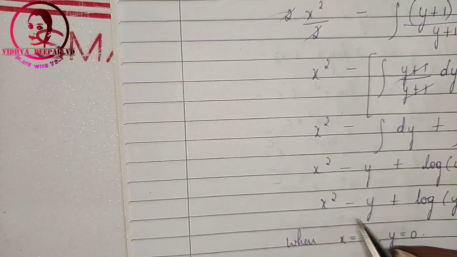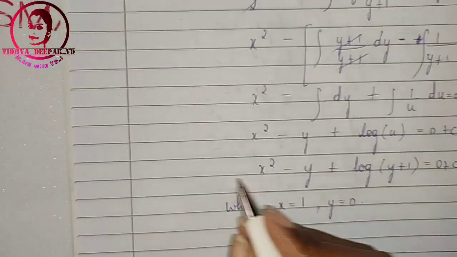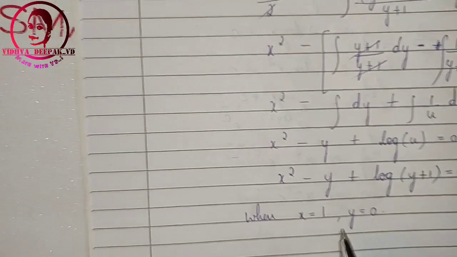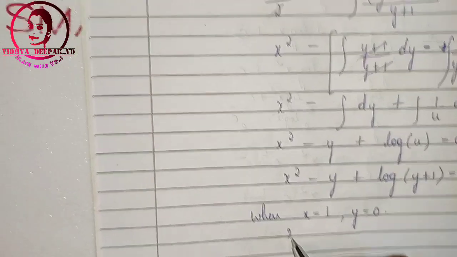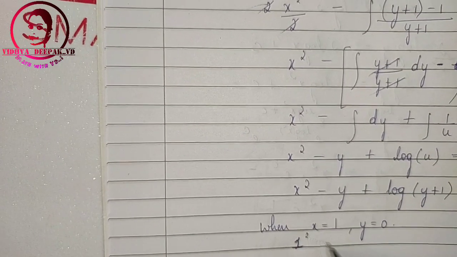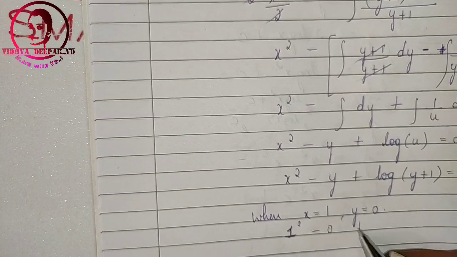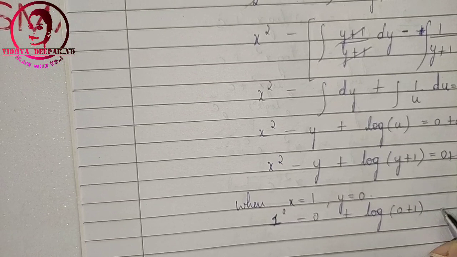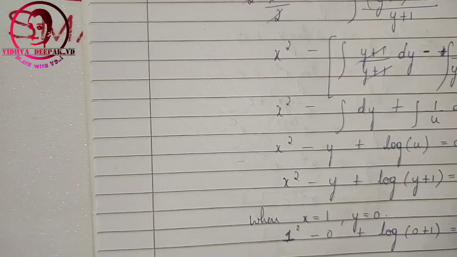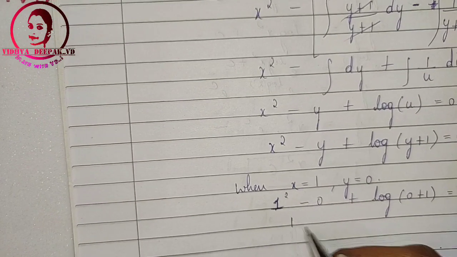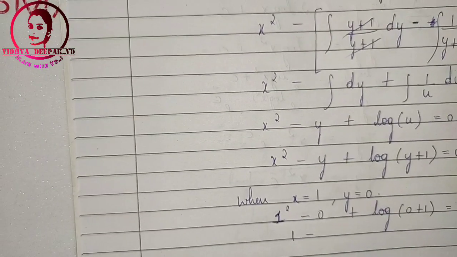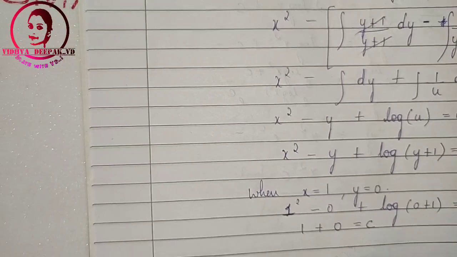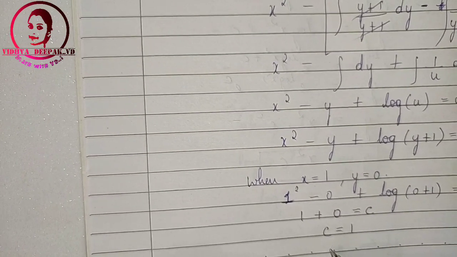The particular solution comes after substituting these values. The x value is 1, so 1 squared minus 0 plus log of (0+1) is equal to c. We have 1 minus 0, and log 1 is also 0, equal to c. So c is nothing but 1.